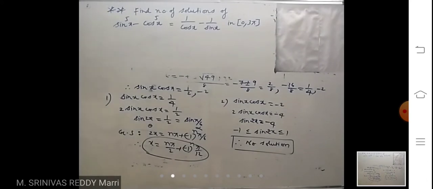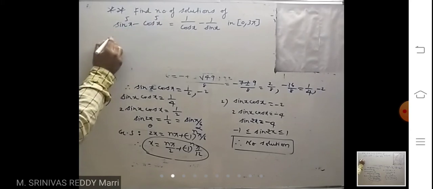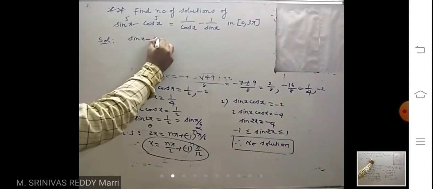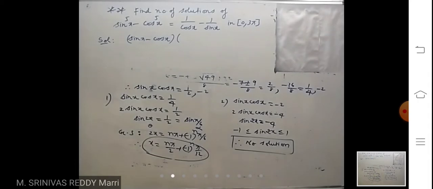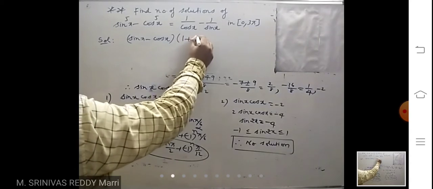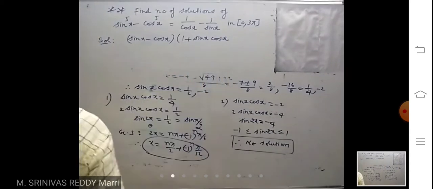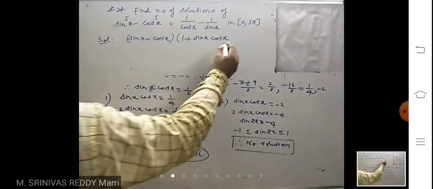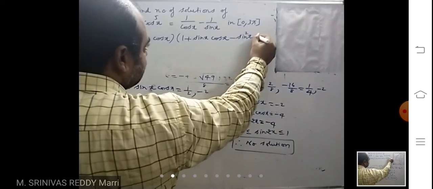Now I have told the formula of sin power 5x minus cos power 5x. That formula is nothing but (sin x minus cos x) into (1 plus sin x cos x minus sin square x cos square x).